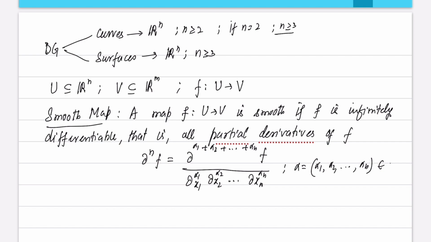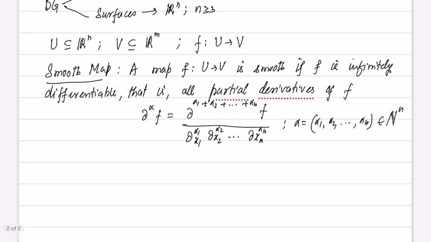And in fact, this will be an ordered n-tuple in N^n, the Cartesian product of N with itself n number of times. So the alpha derivative of f with respect to these n variables x1, x2, ..., xn must exist and be continuous.